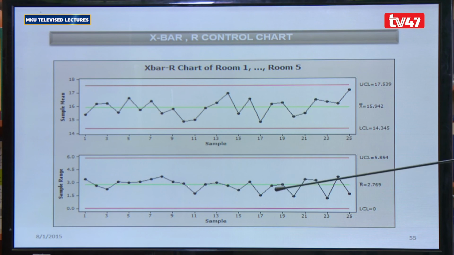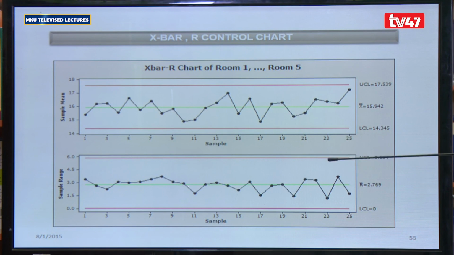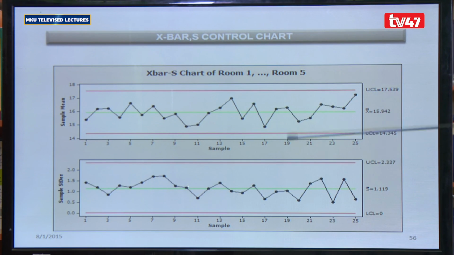And then here we have the R chart for the range, with the upper control limit as computed, the lower control limit as computed, and the center line, or the average of the range.